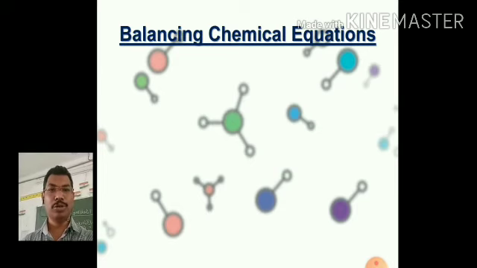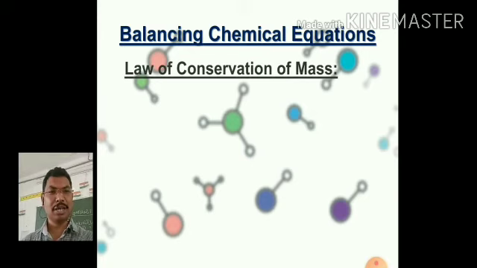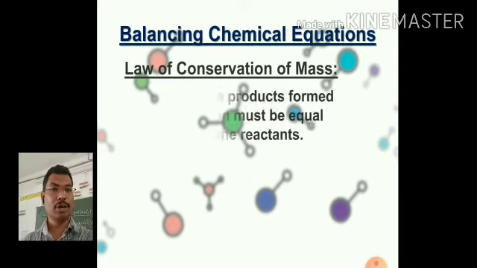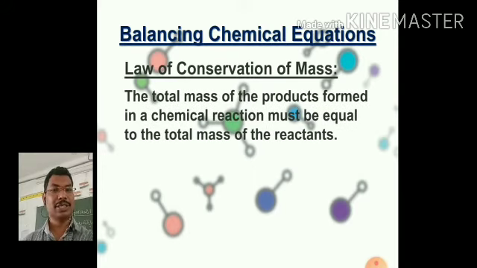Before learning how to balance a chemical equation, first we need to know the law of conservation of mass. I think all of you know this from your earlier classes. Mass can neither be created nor destroyed, but in chemical reactions it is converted like this: the total mass of the products formed in a chemical reaction must be equal to the total mass of the reactants.